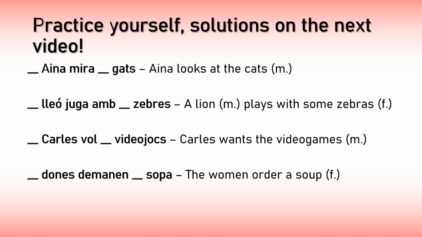Just look at the gender, look at the number. Also keep in mind that it might be a first name, so you have to follow the rules for personal articles and so on. So, Aina mira gats, Lleó juga amb zebres, Carles vol videojocs, dones demanen sopa.